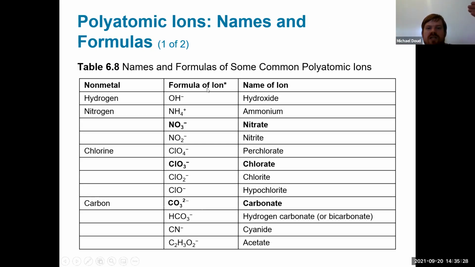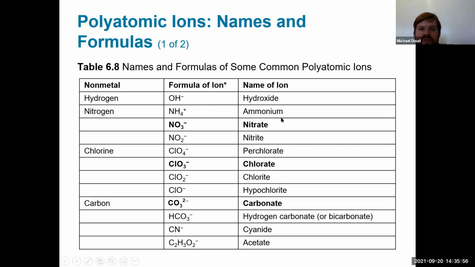Have the formula on one side and the name on the other side, and then be able to flip back to front and front to back both ways as a way that you can learn these names efficiently. So for example, hydroxide is OH minus. So put OH minus on one side, hydroxide on the other. Ammonium is NH4 plus. So ammonium on one side, NH4 plus on the other side.